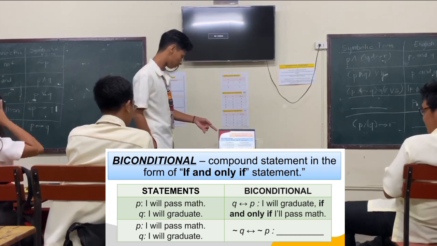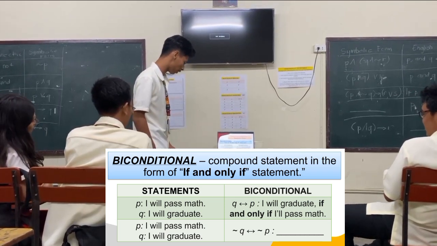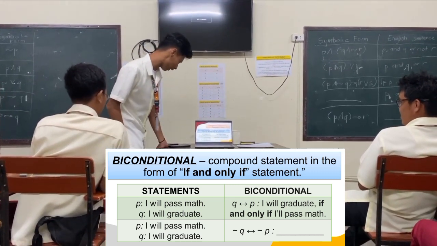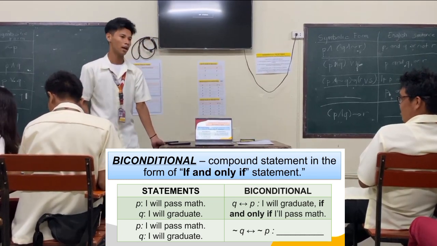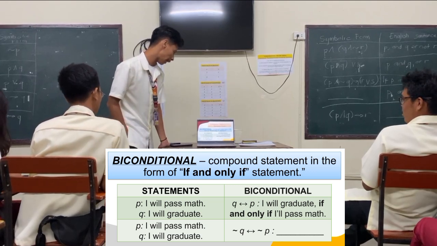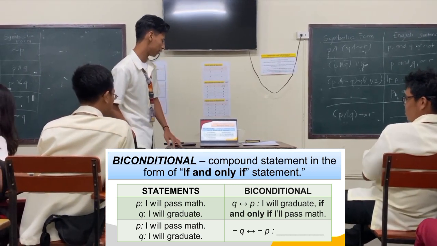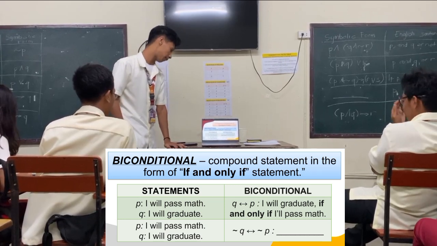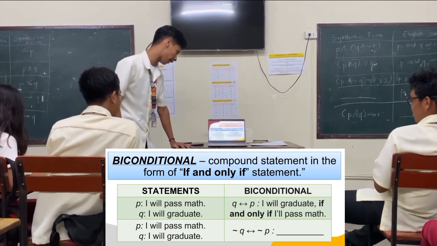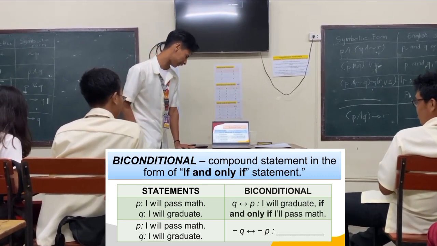We have two statements. The first statement is I will pass math, and the second statement is I will graduate. To form a compound statement, we use the if and only if. So, I will graduate if and only if I pass the math.